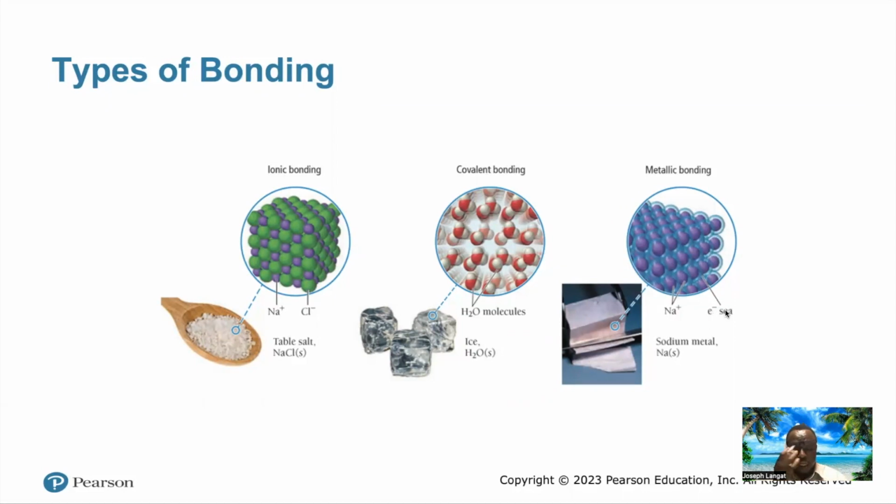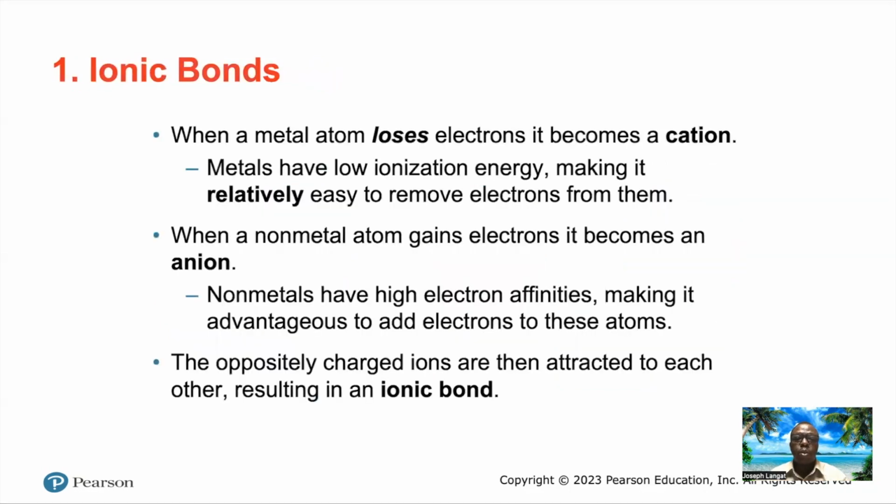So there are three types of bonding you need to learn. Ionic bonding is between a metal and a non-metal. You should be able to differentiate a metal from a non-metal on the periodic table. You'll be given the periodic table.